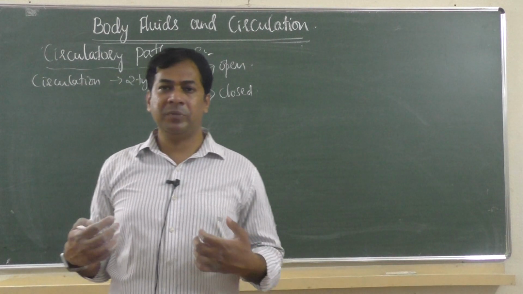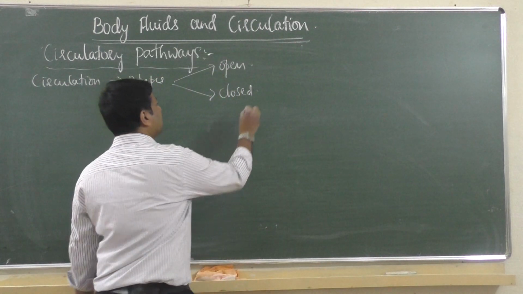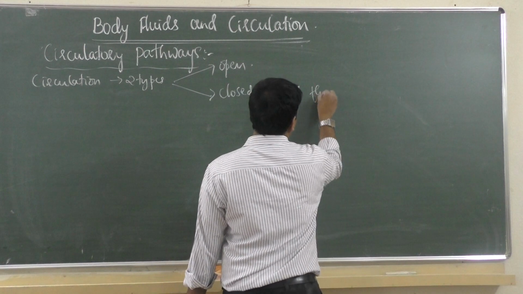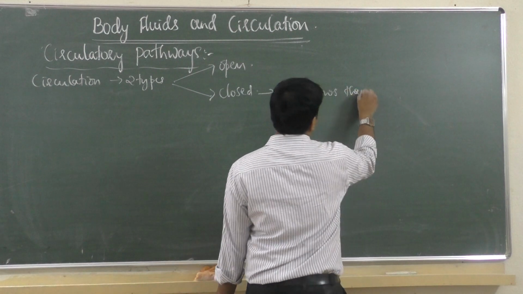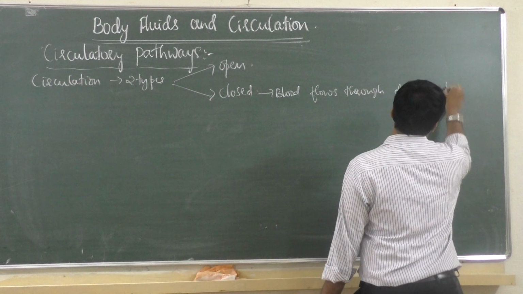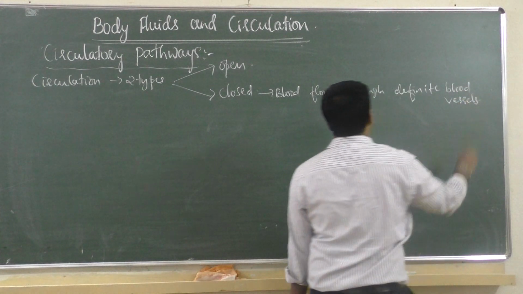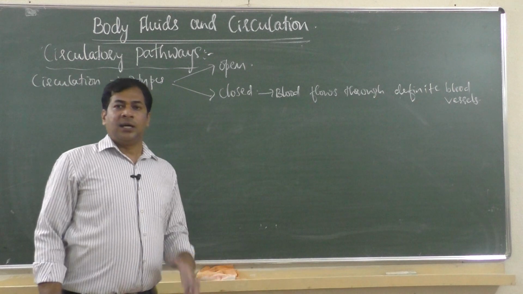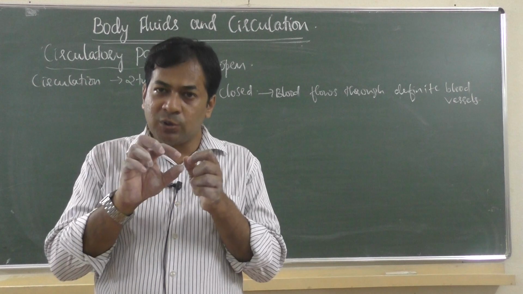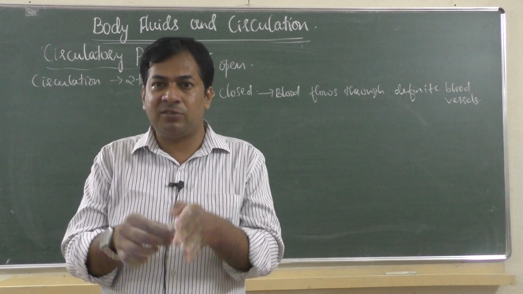Closed means blood flows through definite blood vessels. The heart pumps blood, and the blood pumped by the heart passes through tubes, that is, blood vessels. One particular tube is there for transport.